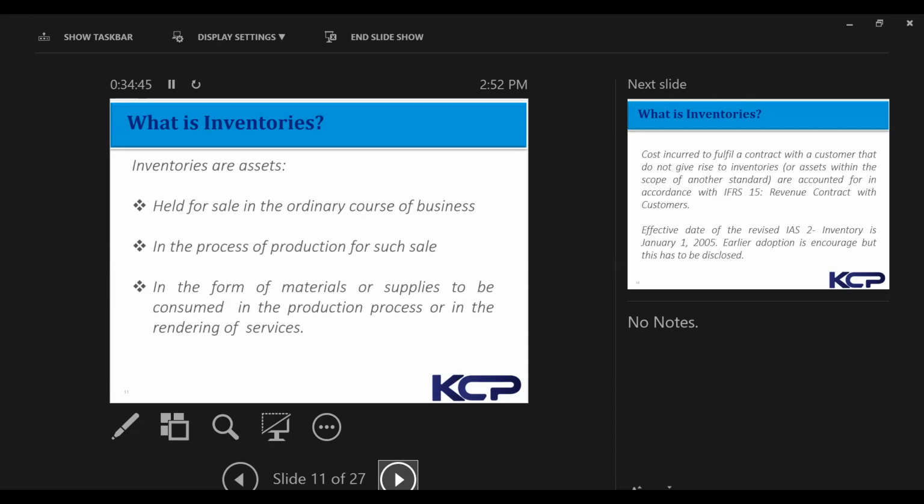What we buy, we were accounting for as inventory, because we were using those materials, those manuals, those educational books in the rendering of our services.